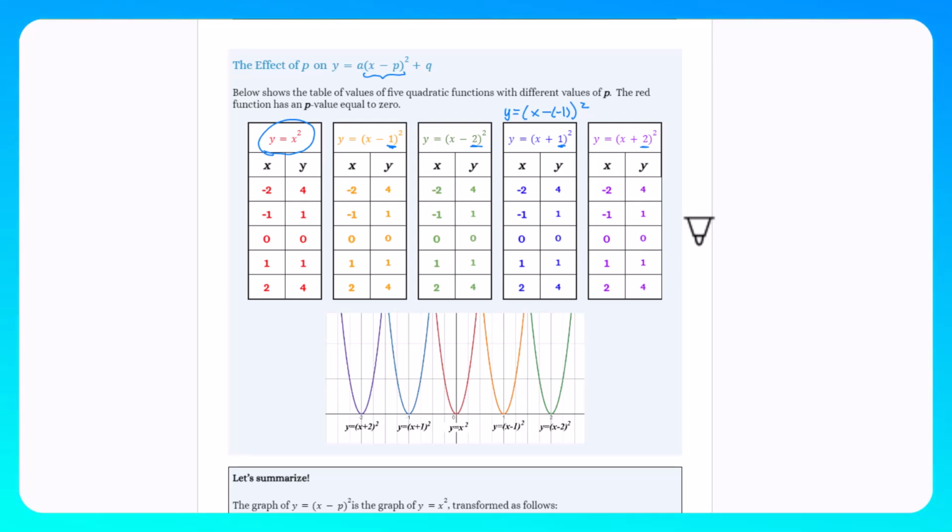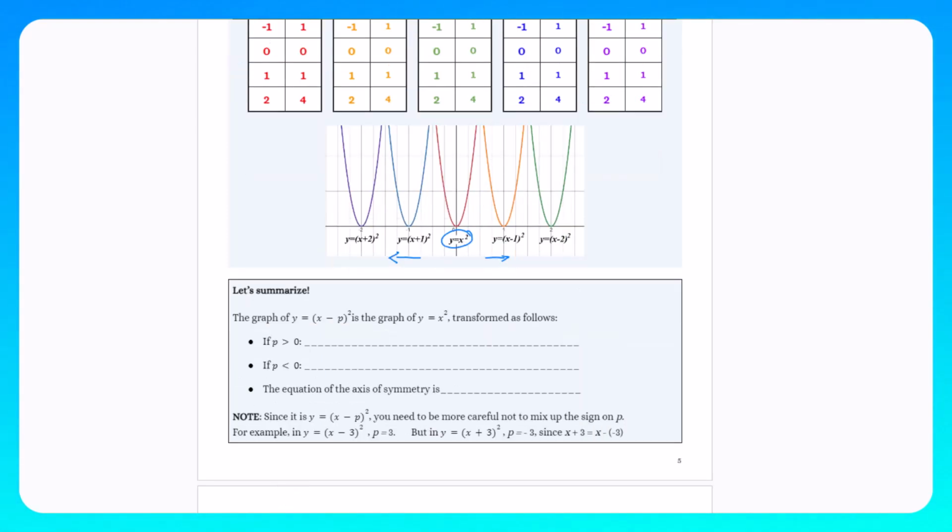Well, notice here, the yellow and the green go to the right. And for the purple and the pink, or the blue and the pink, it goes to the left right here. So in other words, when P is positive, it goes to the right. When P is negative, it goes to the left.